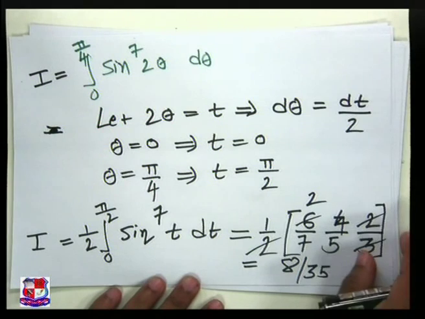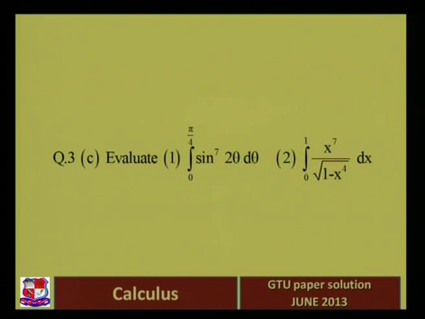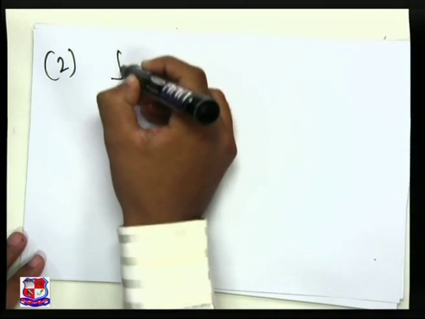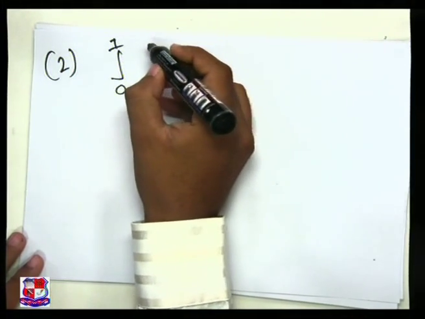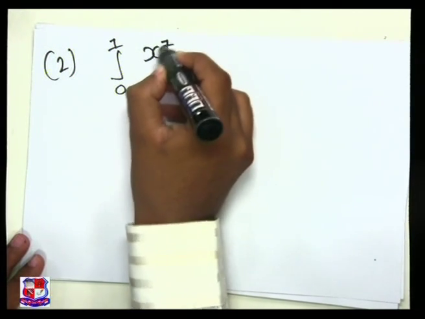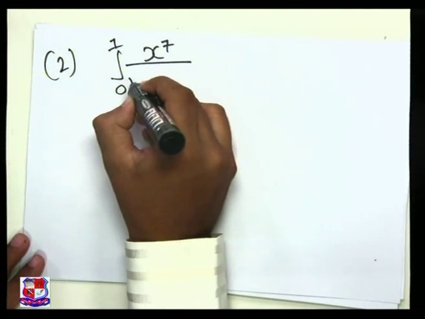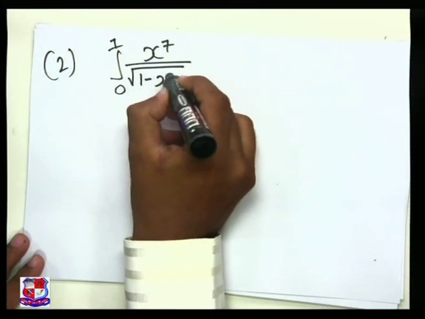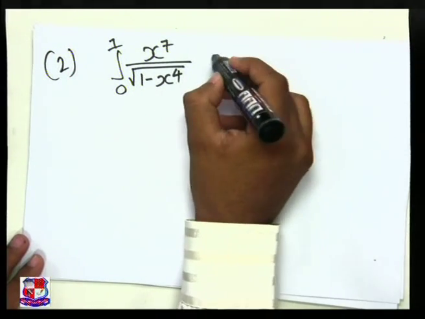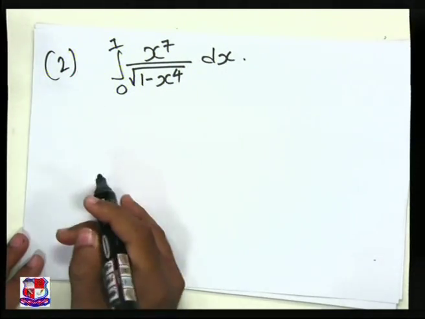Same type of example, the second example: the integration from 0 to 1 of x raised to 7 upon under root 1 minus x raised to 4 dx.